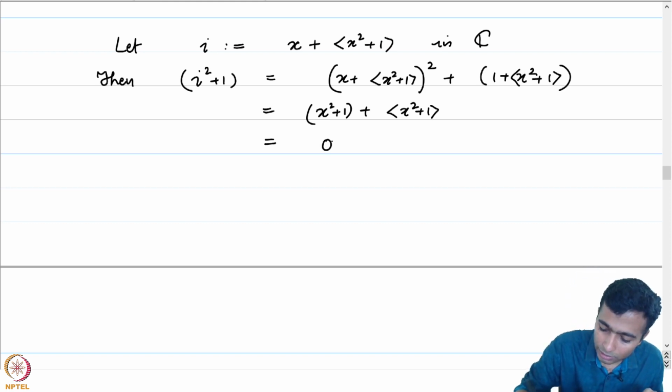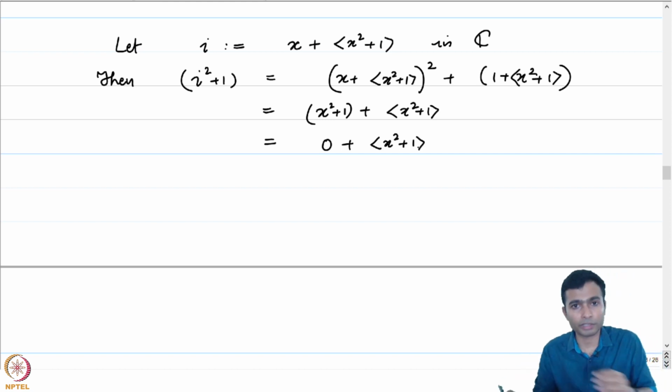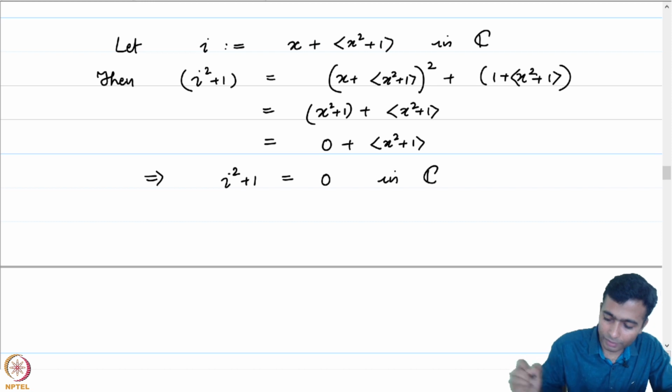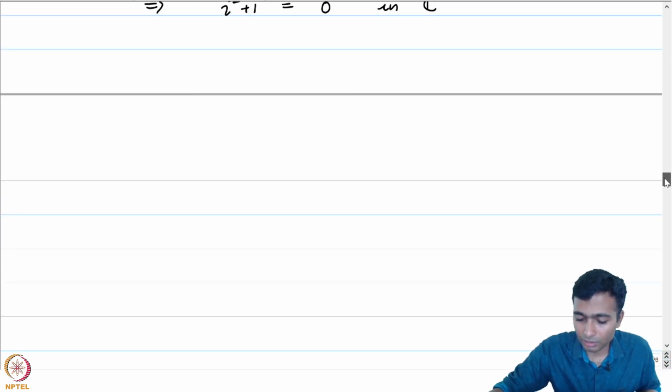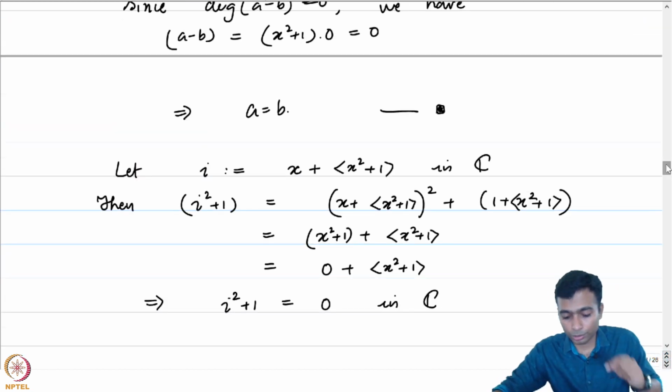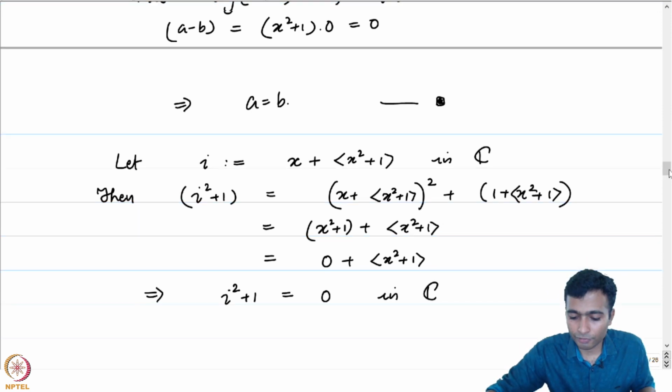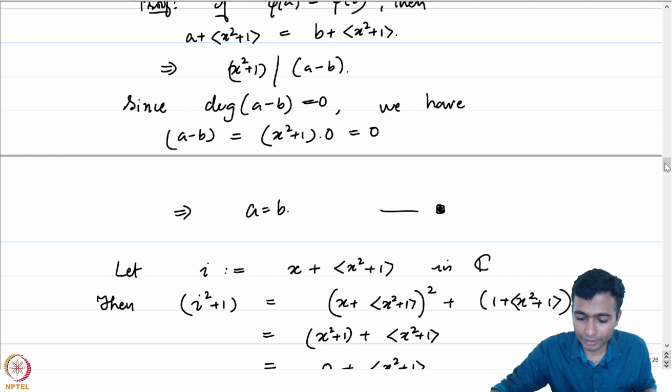So this is just the 0 element, because x square plus 1 belongs to our given ideal. And this implies that I square plus 1 is equal to the 0 in C. So hence we have both a solution to x square plus 1 is equal to 0 and a copy of R sitting inside.